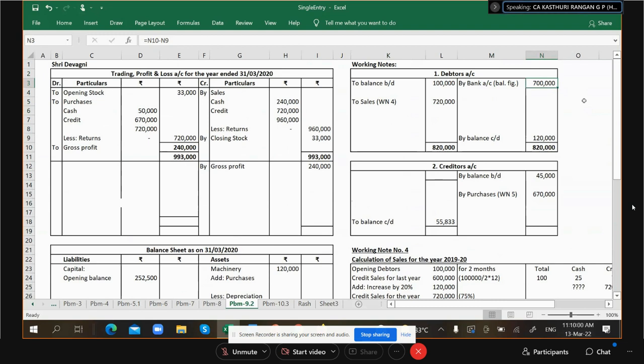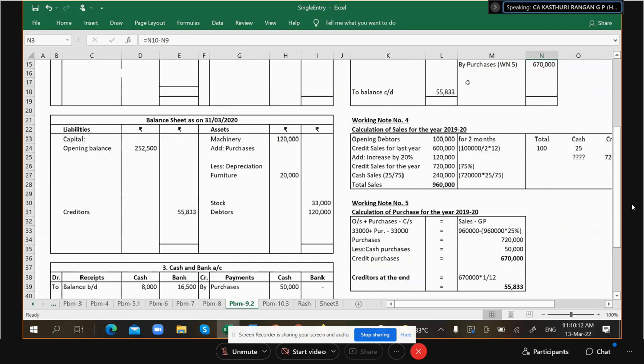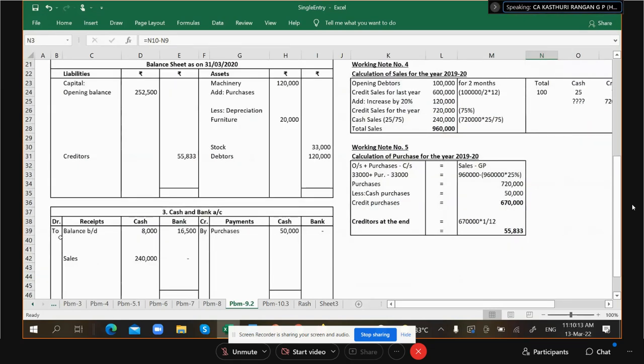What is the entry for that? Bank account debit to debtor. Why bank account? Because credit customers pay by check only. So you have to put this in the bank column. Bank account debit to debtors. How much? What is collected from debtor? 7 lakh.